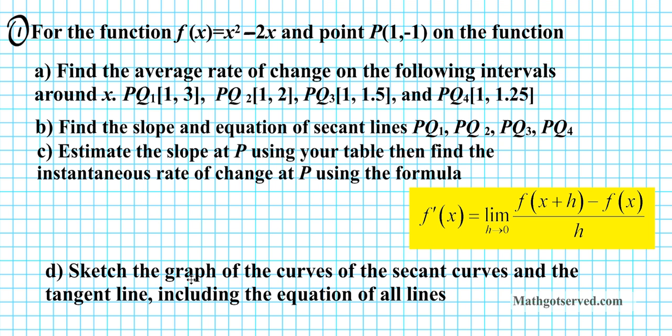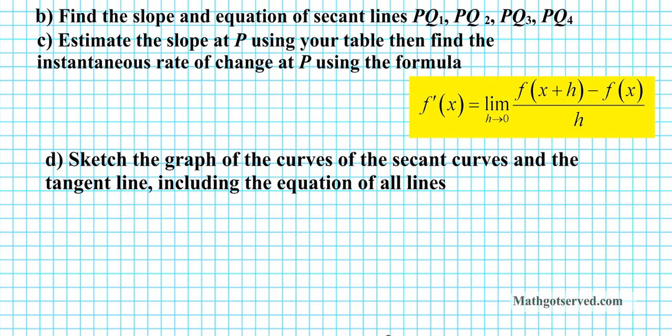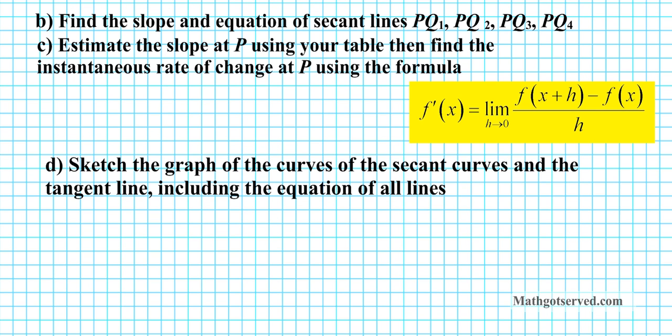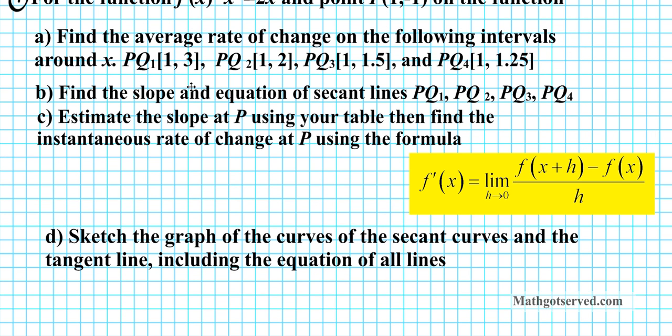And lastly, we're going to sketch a graph of the situation and label the secant lines and also the resulting tangent line that we found using the slope, using the instantaneous rate of change formula. All right. So first thing we're going to do, let's make a generated table that we can use to populate all the average rate of change for these intervals.